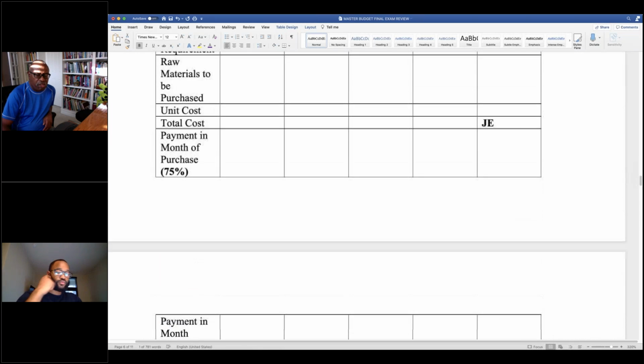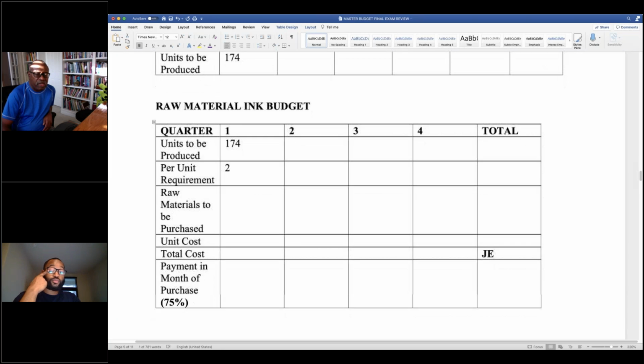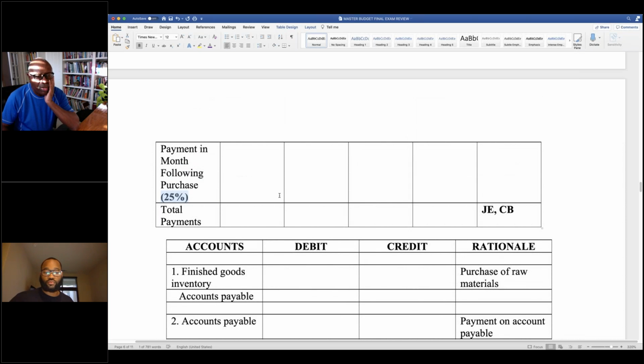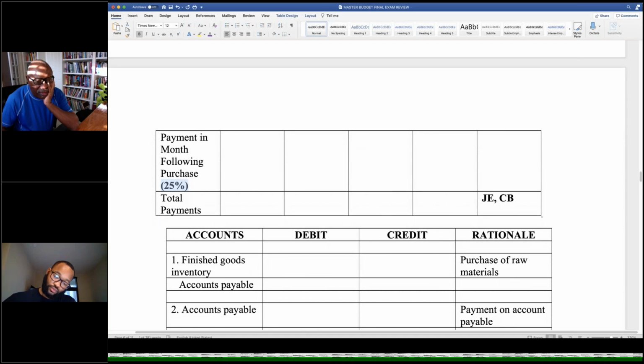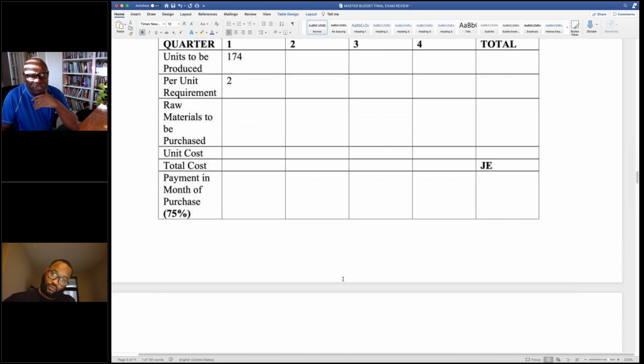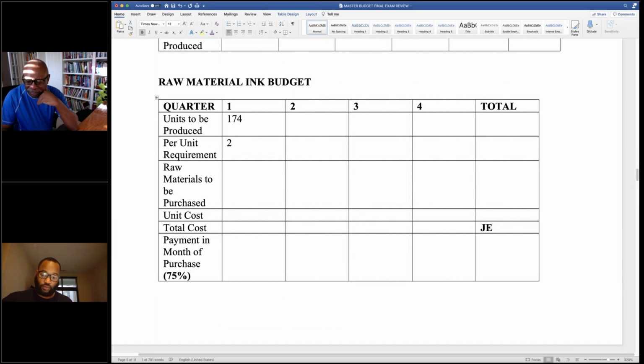So what I want you all to do is go through this chart and come up with the amount that goes on this bottom line. Do you think y'all can do that? We did it yesterday. Well, not yesterday, the day before. Everybody didn't do it yesterday. You trying to throw shade, Professor Boyd?